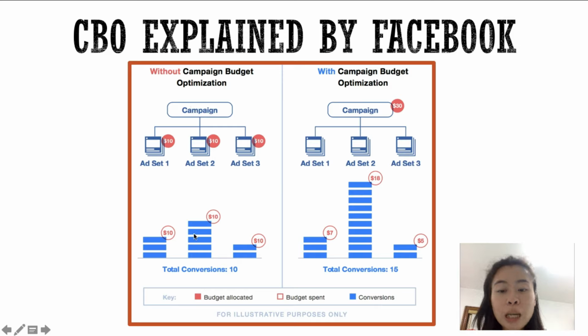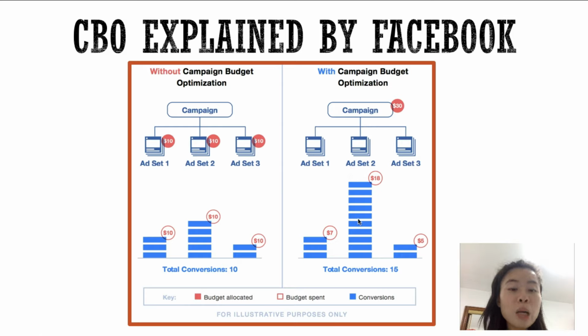We literally put the same exact budget on each of our ad sets, so as you can see, $10, $10, $10. But certain ad sets perform better than others. So instead of putting the same exact budget on each ad set, with CBO you're going to let the Facebook algorithm determine which ad set will give you the best results.